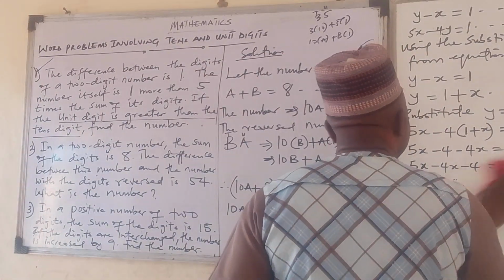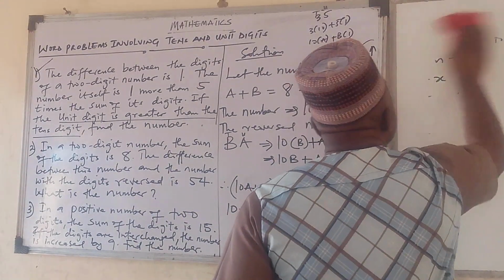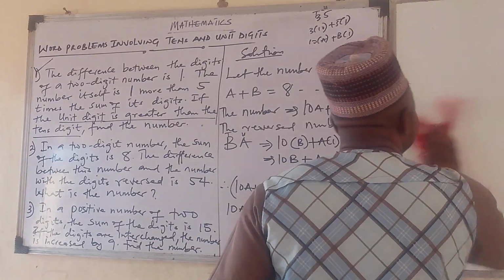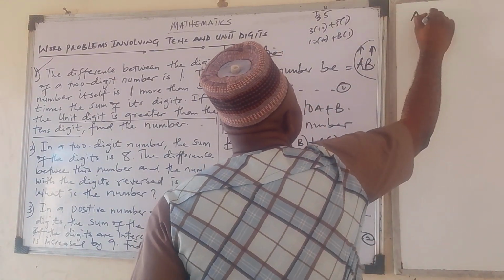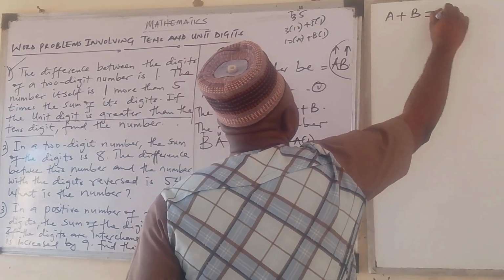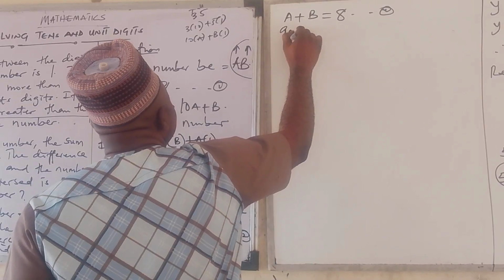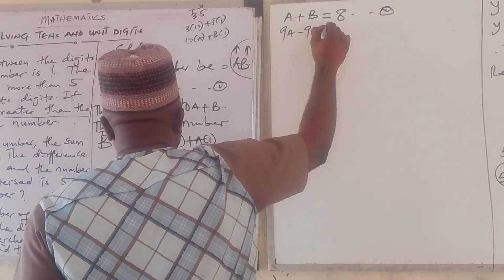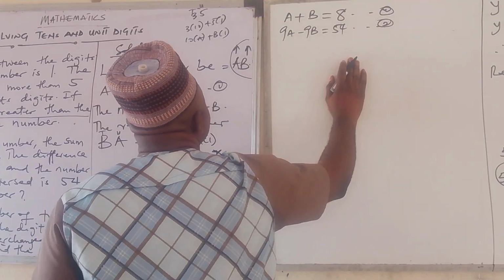Now in this case, we are solving both equation 1 and equation 2 simultaneously. Remember, our equation 1 is A plus B is equal to 8. And equation 2, we have 9A minus 9B is equal to 54.